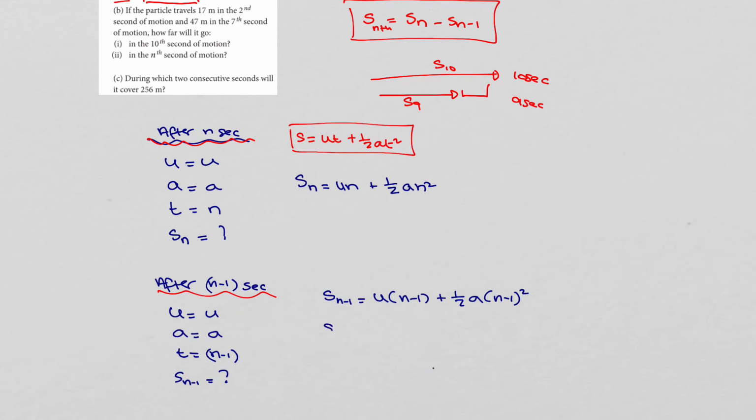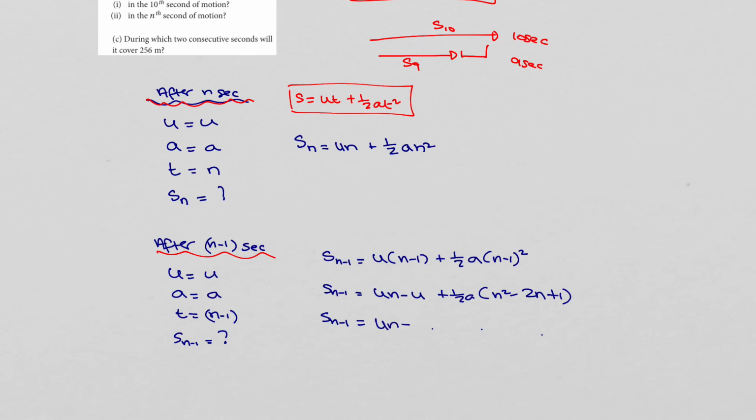So simplifying that would be un minus u plus a half a times n squared minus 2n plus 1. So simplifying that gives me un minus u plus a half a n squared minus an plus a half a.